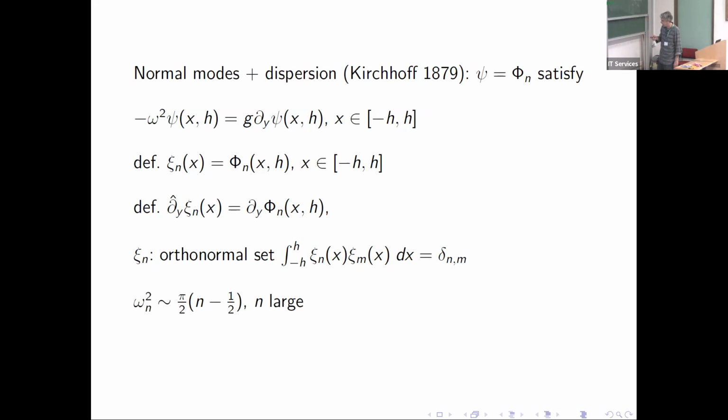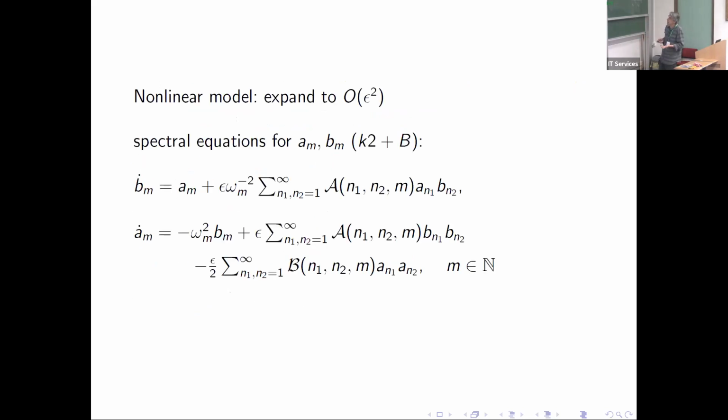But I should mention that here comes one result: we can go to next order and look at the spectral equations using the vertical component of the kinematic equation and Bernoulli's equation, and obtain some quadratic system.